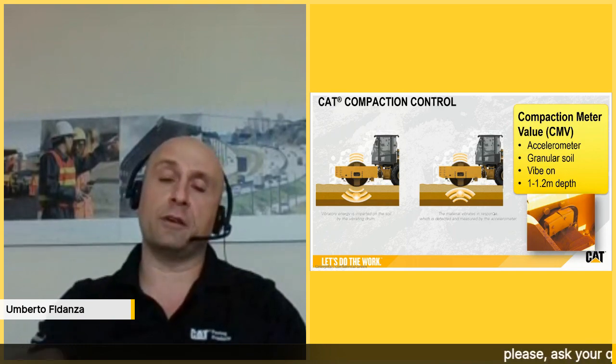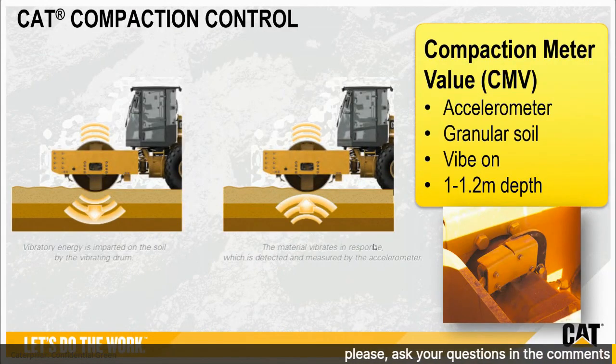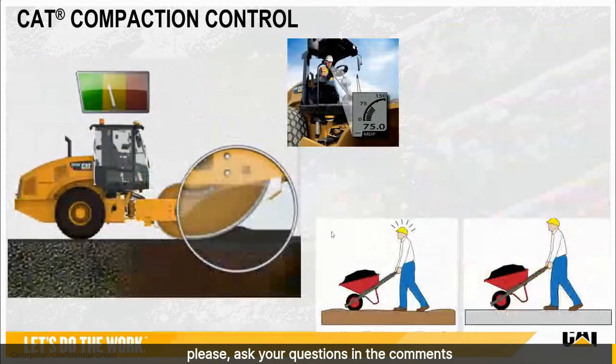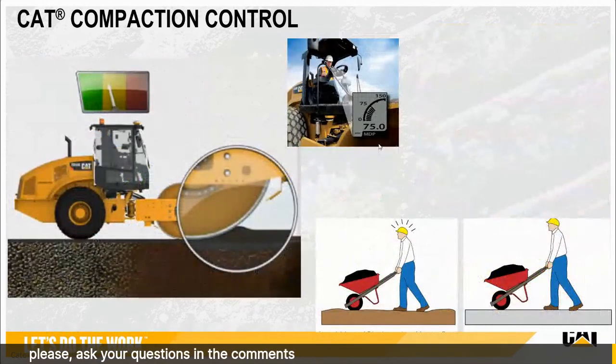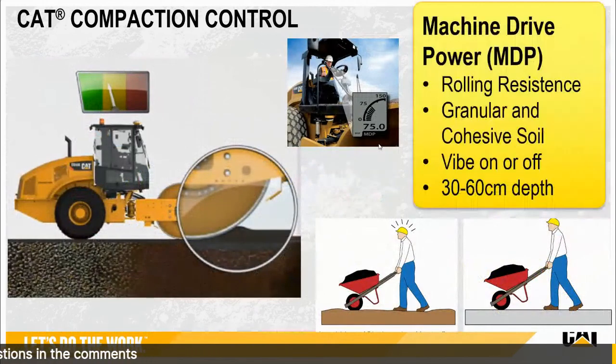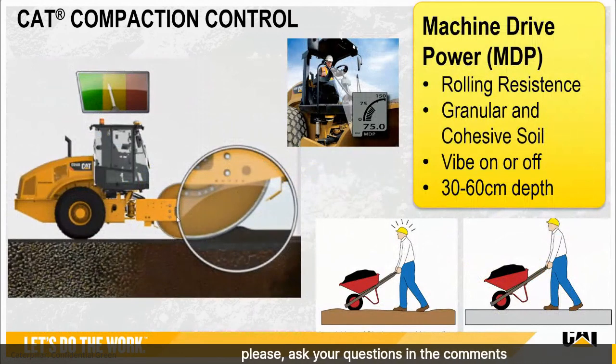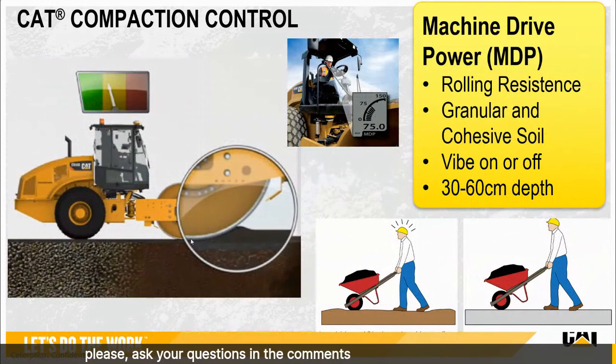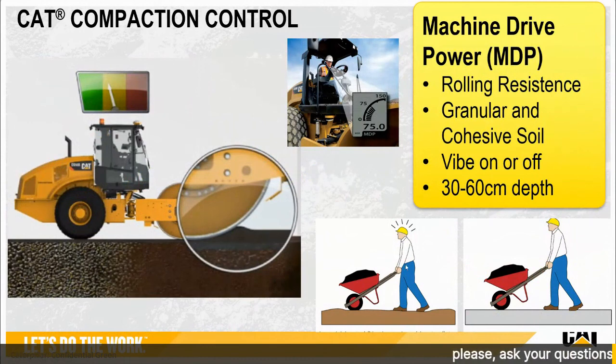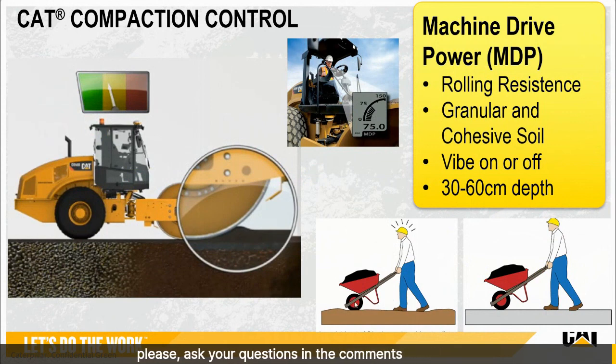We also have another system that works on a completely different principle. It works on assessing the rolling resistance that the machine encounters on the front drum when it compacts the soil. It's similar to pushing a wheelbarrow on soft soil, on sand, on a beach.